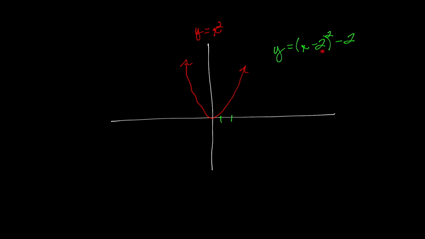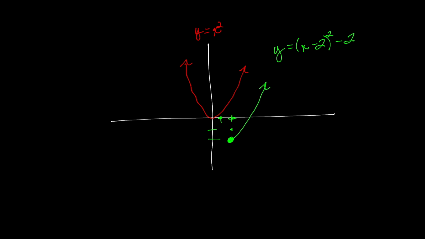This is inside the parentheses. This is outside the parentheses. So outside of the parentheses is going to do vertical up and down transformation. So let me go down 2 more. So right 2, down 2, puts my vertex right here.